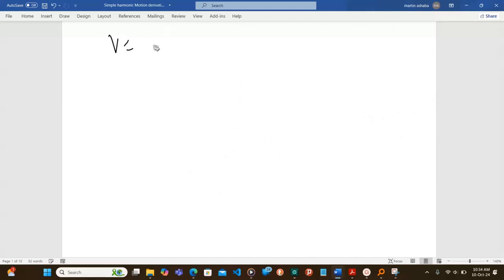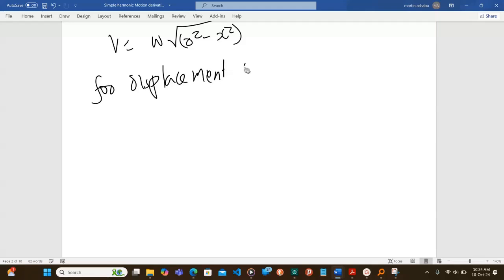So v, which will be the instantaneous velocity of any point described in simple harmonic motion, will be omega times the square root of r squared minus x squared, whereby x is the displacement along the axis chosen, which is going to be the x-axis. For displacement y, it is still true that v is equal to omega times the square root of r squared minus y squared.